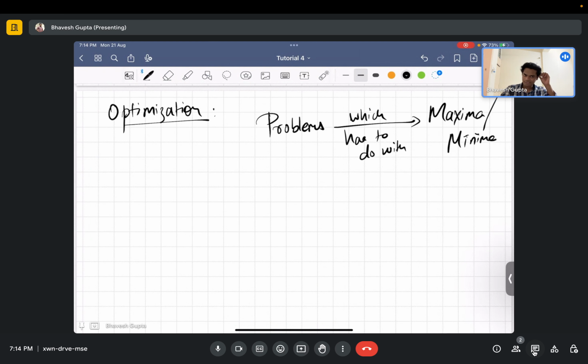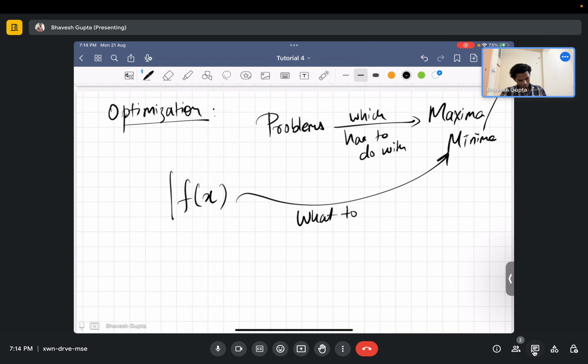Maxima minima in the sense that you have a function which you want to maximize or minimize, because this might be your valuable resource.